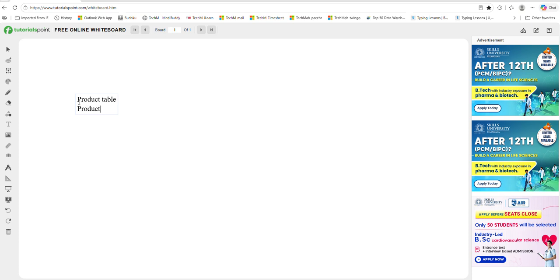Just assume that in product table, what will be the normal columns here? Product ID is there, right? Product ID, okay, and after that, product name is there, and category ID.